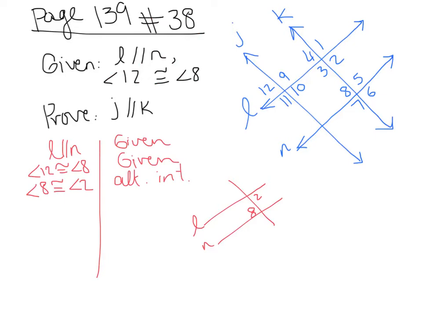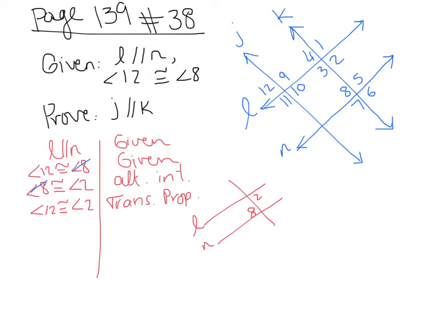And because we normally analyze the steps after we make a conclusion, if we analyze, you'll see that angle 8 was used twice. So therefore I can say angle 12 congruent to angle 2, and that's the transitive property. Now our step is to look back.